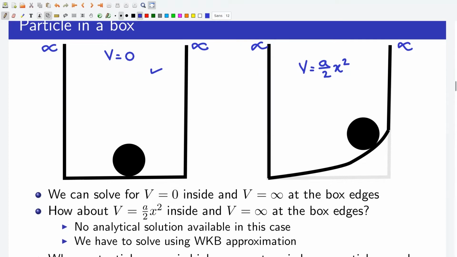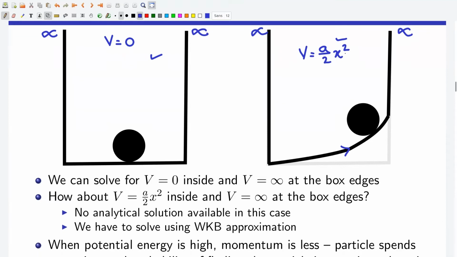That means the potential is increasing as you go from the left hand side of the box to the right hand side of the box, and the potential is increasing quadratically. Note that in this case we do not have any analytical solution and we have to solve using WKB approximation.